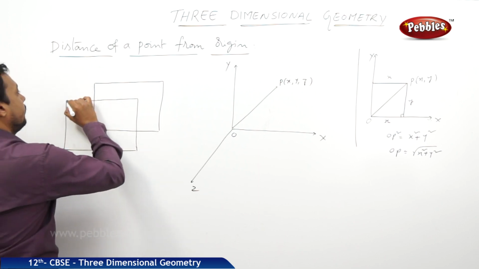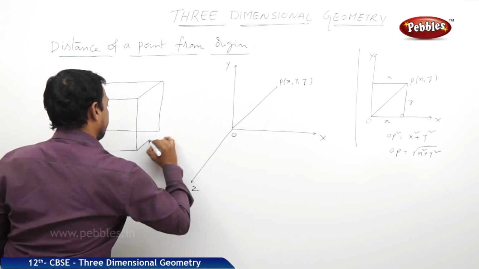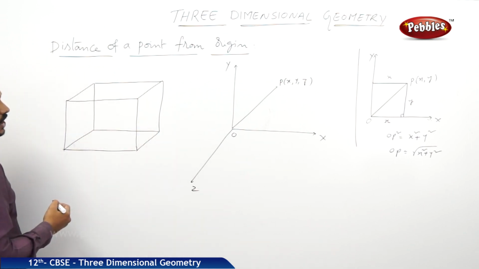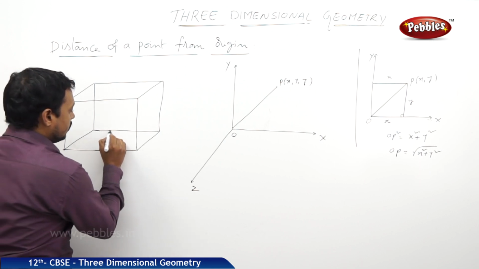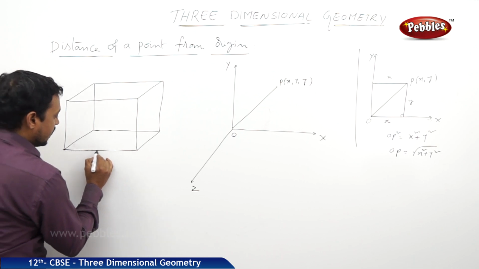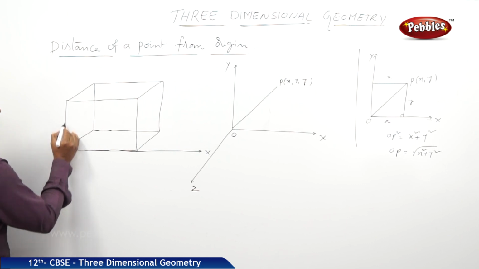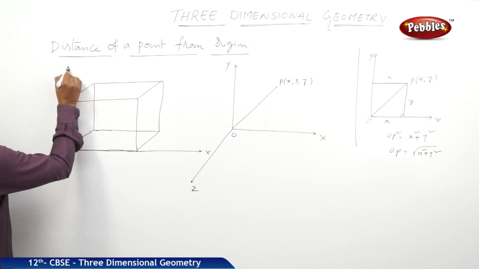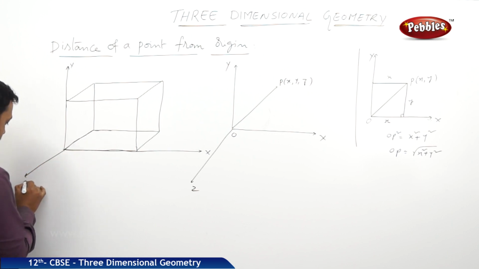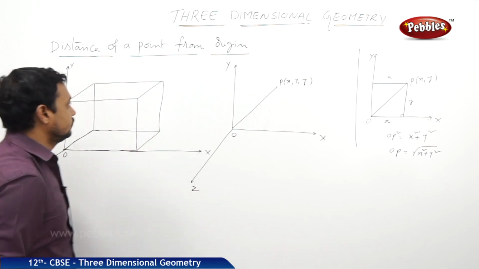It's a cuboid. Now, there are three mutually perpendicular edges. Here I am taking this edge as the x-axis, this one as the y-axis, and this as the z-axis, and the intersection of these three axes is the origin.